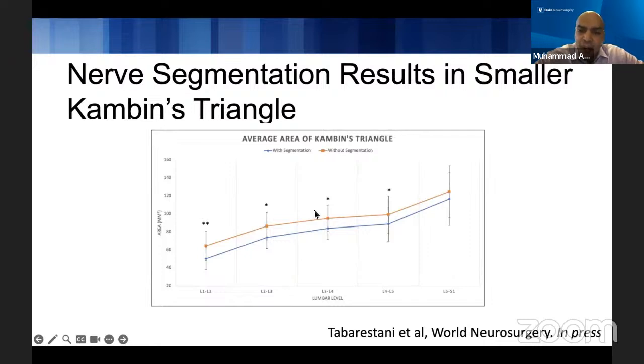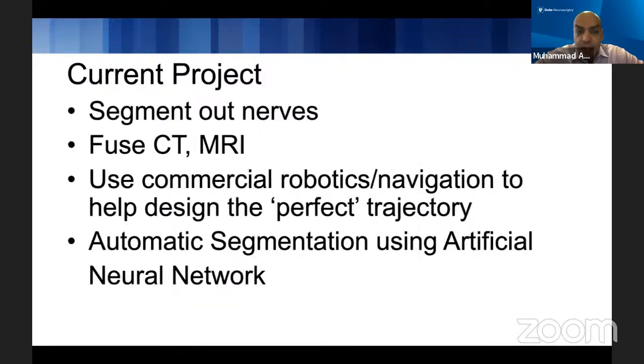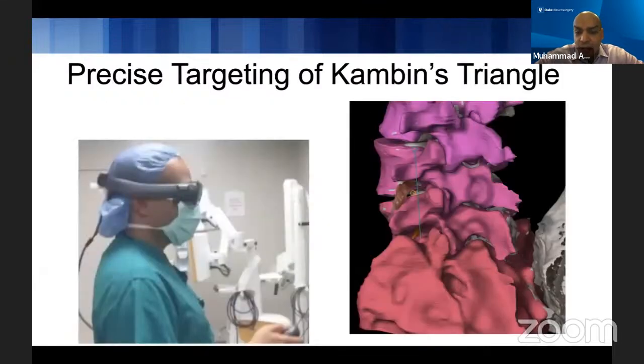This is something that we all know as spine surgeons, but this is now giving us patient-specific data. Right now we're manually segmenting out the nerve, but we're going to use this as a ground truth to do automatic segmentation. We're also starting to use different types of augmented reality to do this as well.